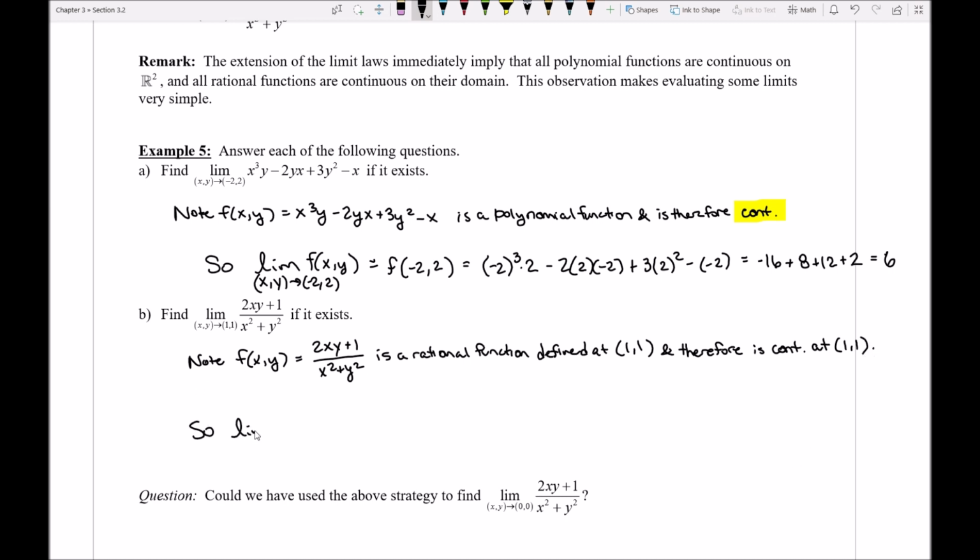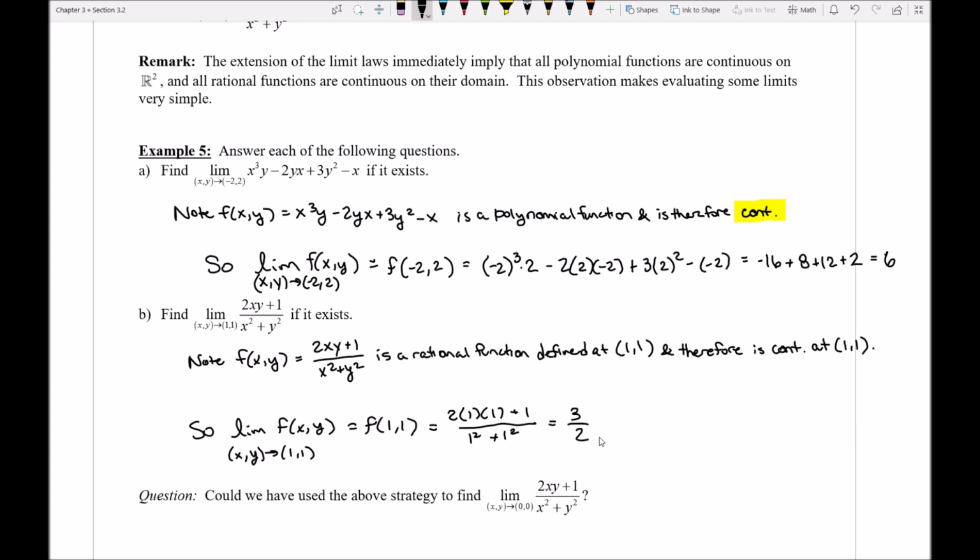So again, if I want to do the limit of my f of x, y as I'm approaching 1, 1, this is the same thing as just going to my function and plugging in 1, 1. So this should be super simple. I'm just going to get, let's see, 2 times 1 times 1 plus 1 over 1 squared plus 1 squared. So this is going to be, what, 3 over 2.